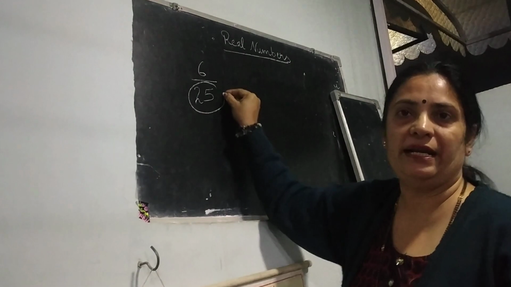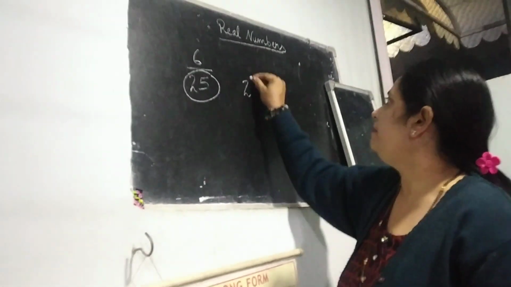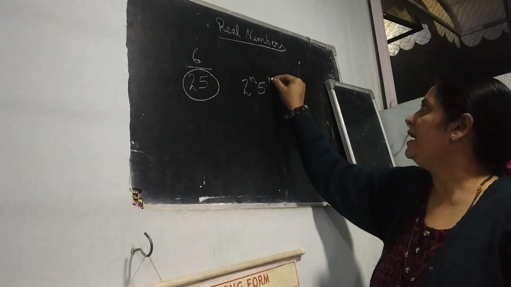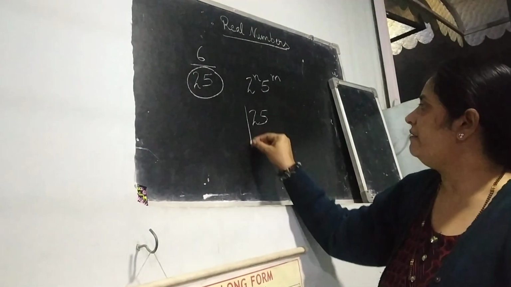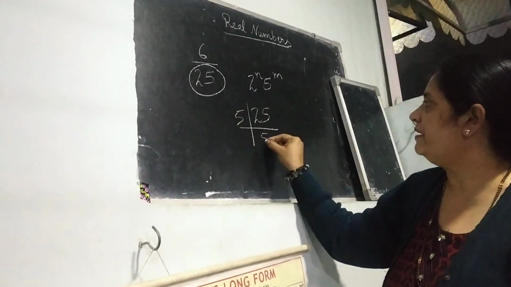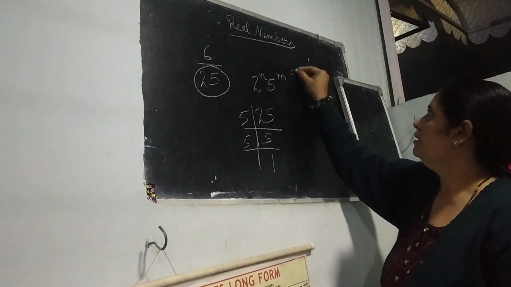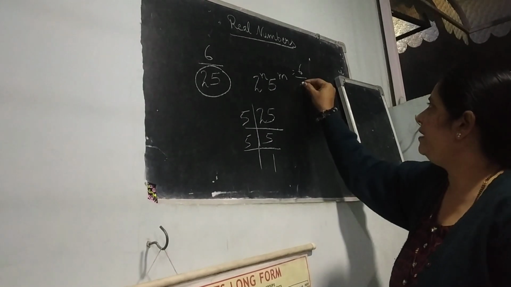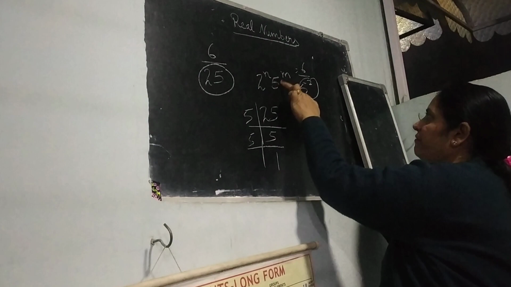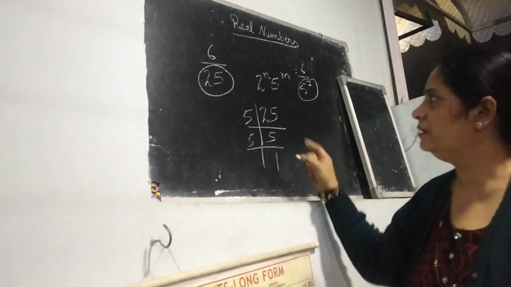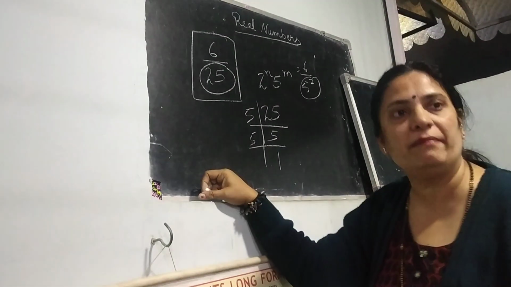If your denominator can be written in the form 2 raised to the power n and 5 raised to the power m, that means factorize 25. 25 can be written as 5 into 5, that is, I can write it as 6 upon 5 squared. So it can be written as only 5 to the power m. That means this is a rational number which is terminating.